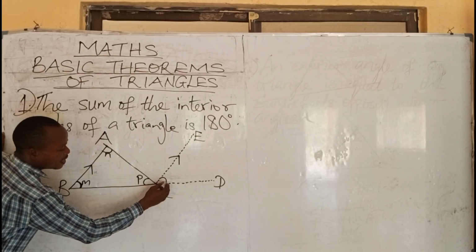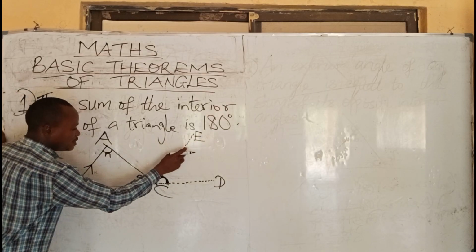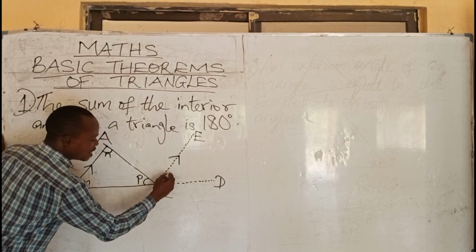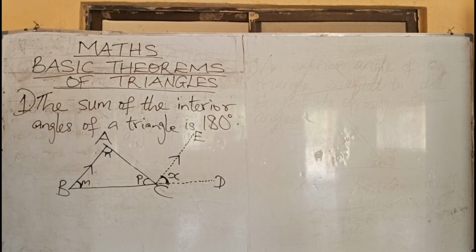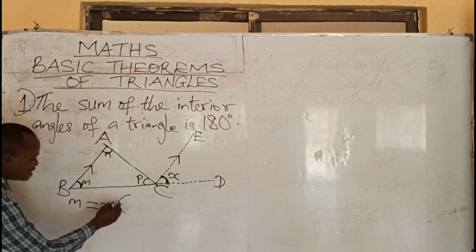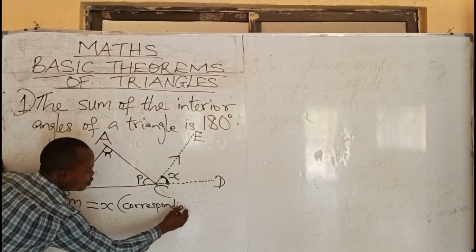Now, this angle here that I'm marking now is also the bottom right hand of this parallel line. So, let me label this angle as angle X. That means I am saying that angle M is equal to angle X. And the reason is because they are corresponding angles.